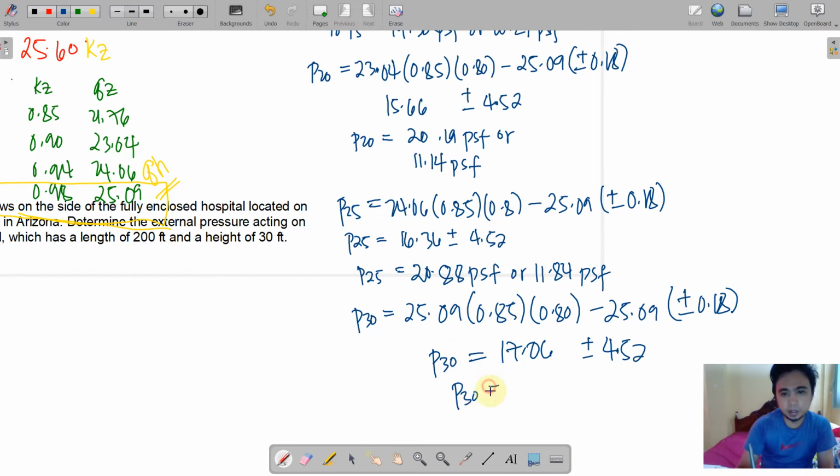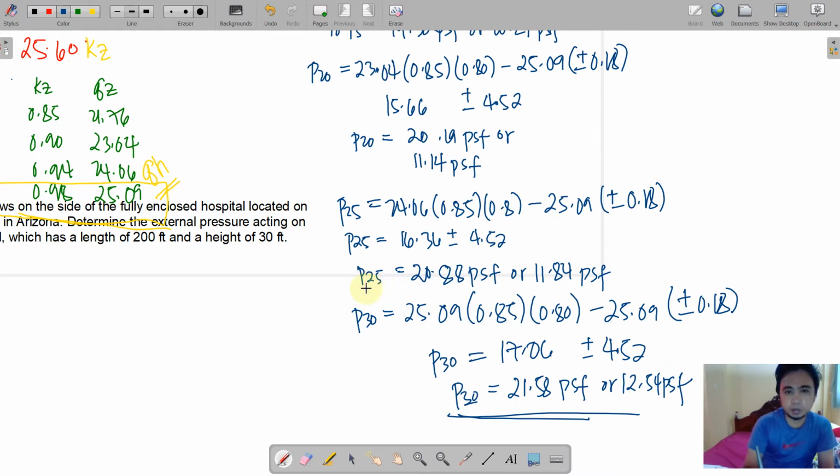So, at last, we have here P30, 21.58 as the upper limit, or for the lower limit, we have 12.54 PSF. So for 30, the pressure is this one for the windward wall. For 25 height, this is the windward wall pressure.